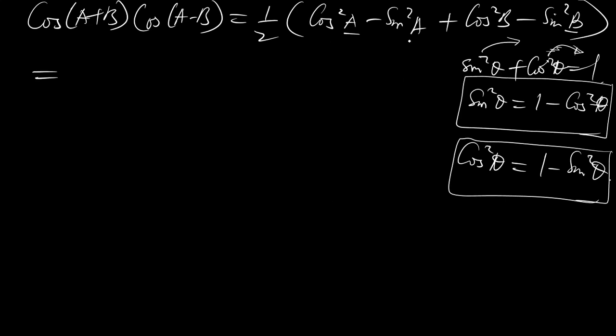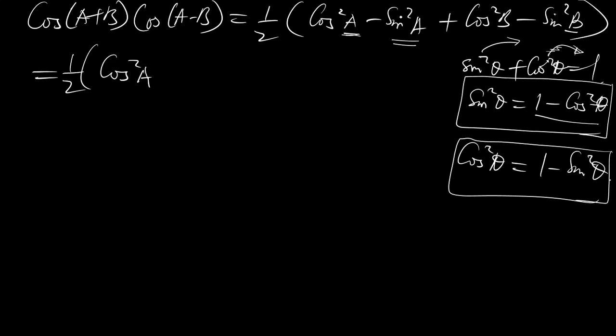Since we want only cos to have the angle A, we say half times cos square A. Now we're going to change this sine square A to cos A. To do that, we apply this rule, because sine square theta is equal to 1 minus cos square theta.